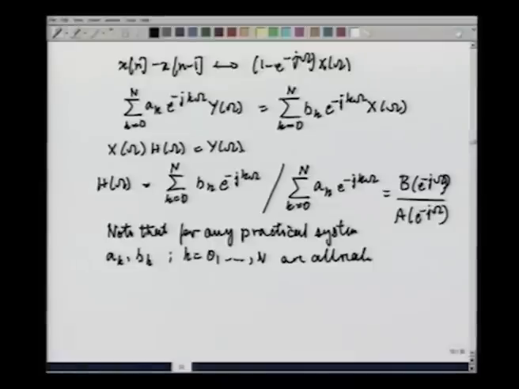We only have real coefficients. Now, when all the coefficients are real, if you look at these two polynomials B(e to the minus j omega) and A(e to the minus j omega) and examine the n roots of these two polynomials, what do we expect to find?